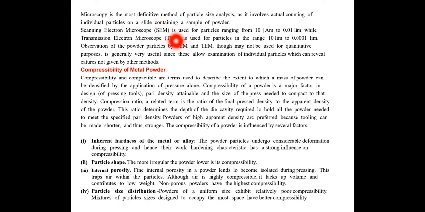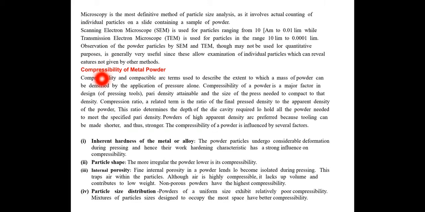These two types of microscopes are used for particles, but it depends upon the size of the particle. If the particle size is between 10 and 0.01 micron, then the scanning electron microscope is used. If the particle size ranges between 10 and 0.0001 micron, then the transmission electron microscope is used.